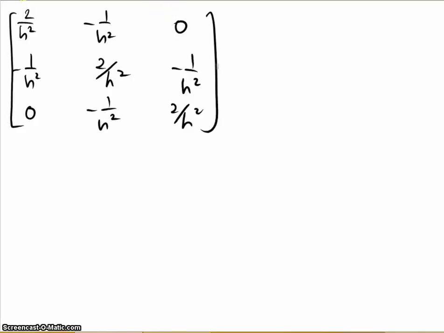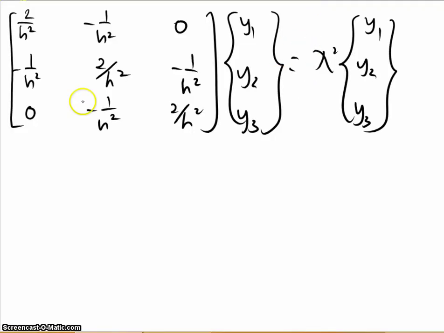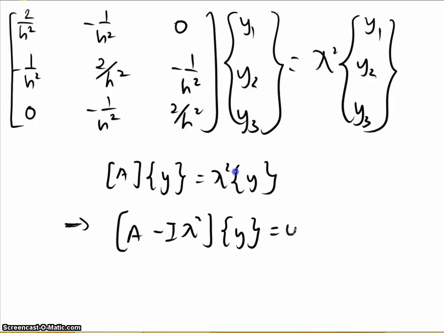So this is your matrix A, and you have a vector of unknown values, which would be given by your λ² times y1, y2 and y3. Now I know this is similar to this, and you can also rewrite this as (A - Iλ²)y = 0.